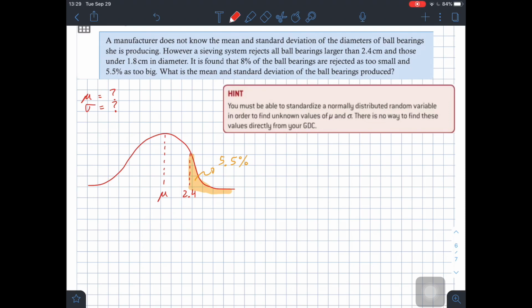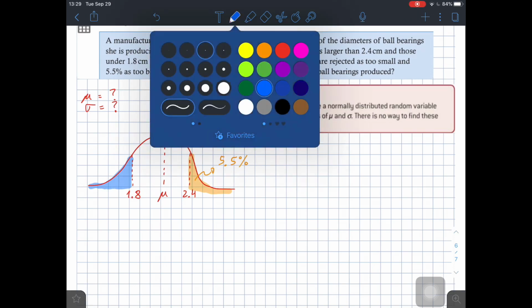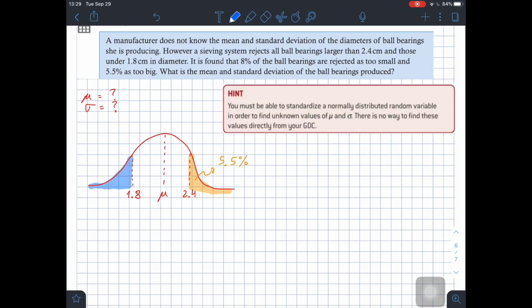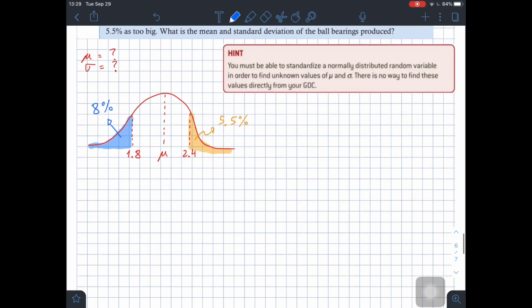So 1.8 should be somewhere around here. This is 1.8, and I will reject those who are below this diameter. So all of this, which are below, are going to be rejected, and all of those represent 8% of my information. So this is 8% of my information.